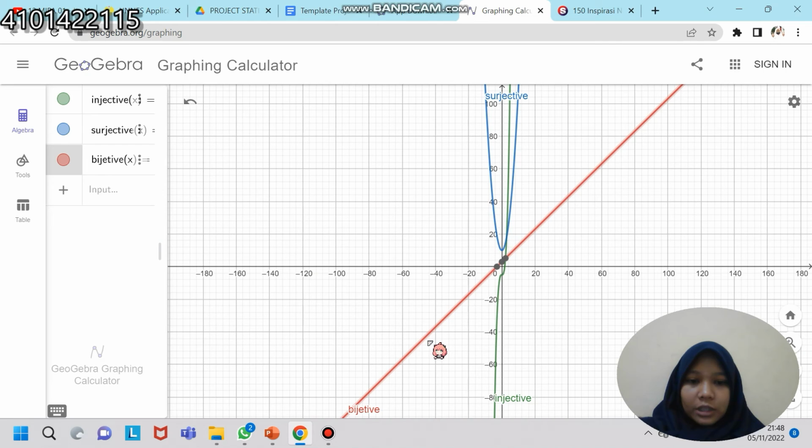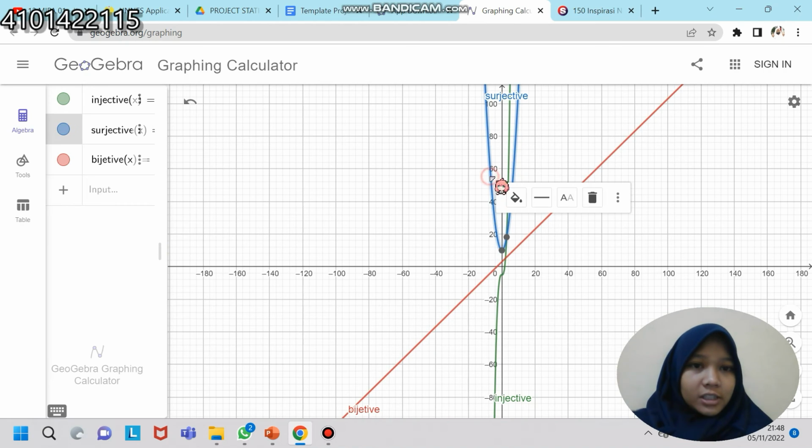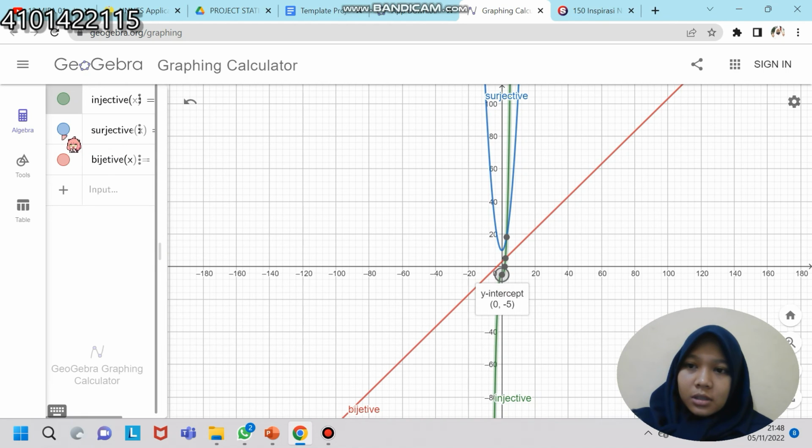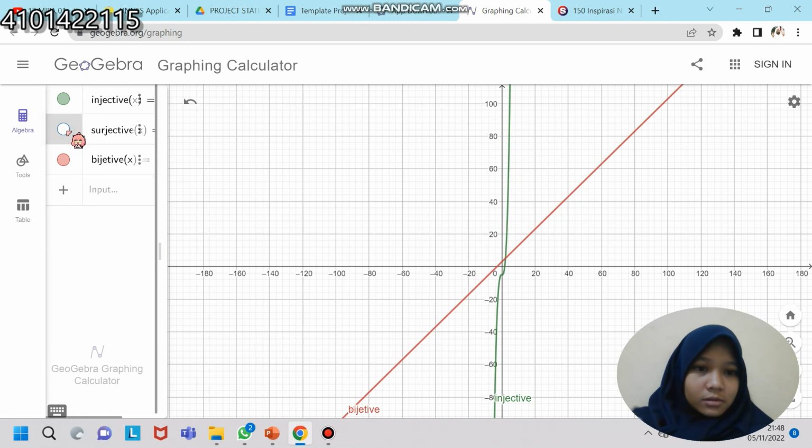So we call it a bijective function if the line is a straight line, and the surjective function is a parabola, and then this is the injective function. I don't know how to tell you what this shape is.